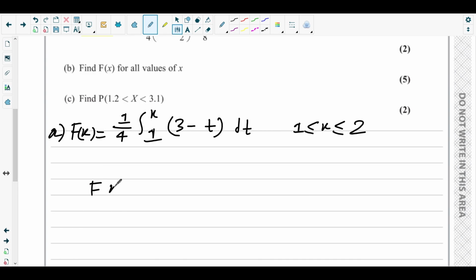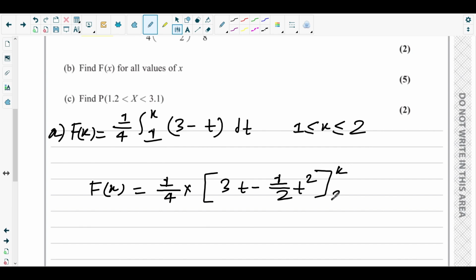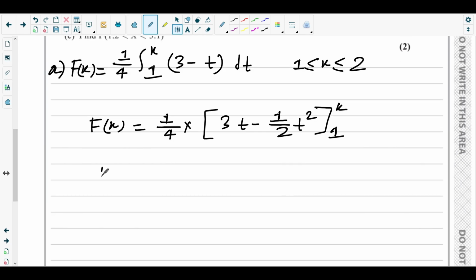If you integrate, what you will get here is 1 over 4 times the definite integral: 3t minus half of t squared, where the upper limit is x and the lower limit is 1.